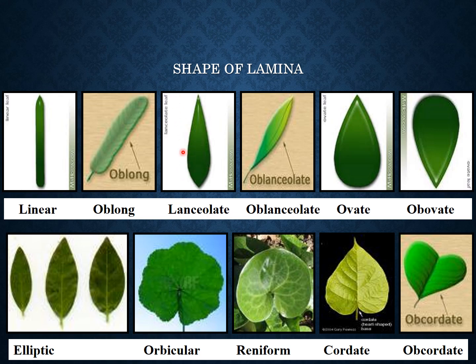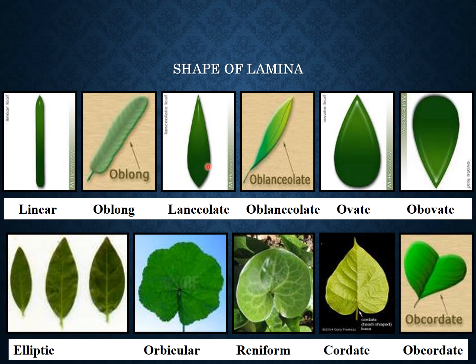So the type of the lamina is called lanceolate. Oblanceolate: length twice the breadth as lanceolate, but the broadest portion lying above the middle of the lamina, right?